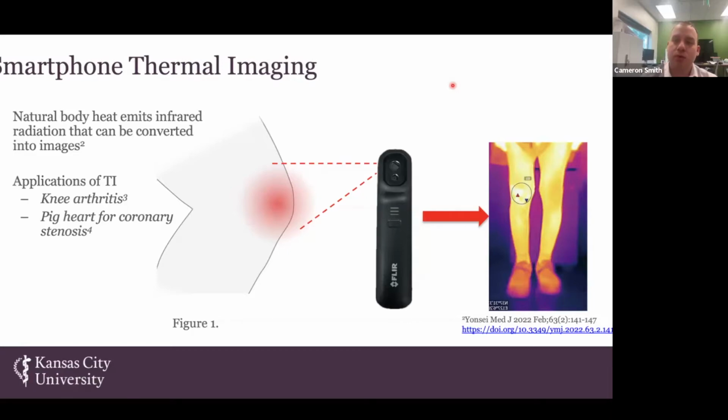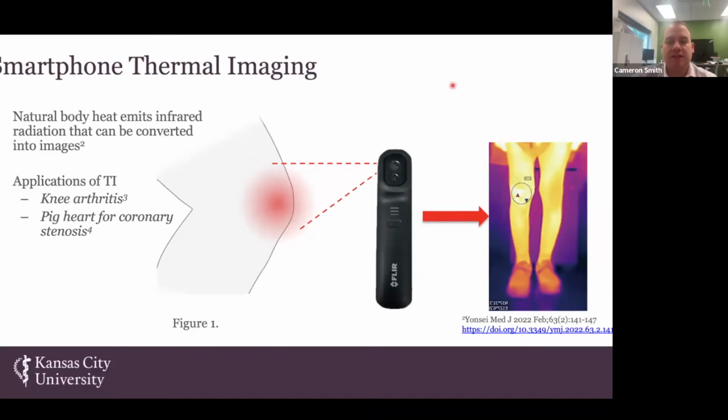How these cameras work is that any object that emits heat emits infrared radiation that can be converted into these images. And since the technology has become more user friendly, we are starting to see an introduction in research of thermal imaging in the healthcare field.